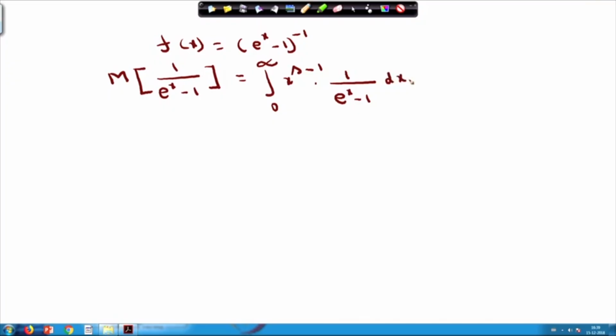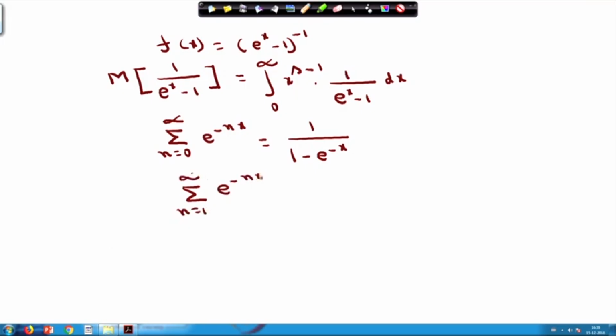Now, I know that summation n equals 0 to infinity e power minus n x equals 1 by 1 minus e power minus x. Therefore, I can write summation n equals 1 to infinity e power minus n x, this will be equal to 1 by e power x minus 1.